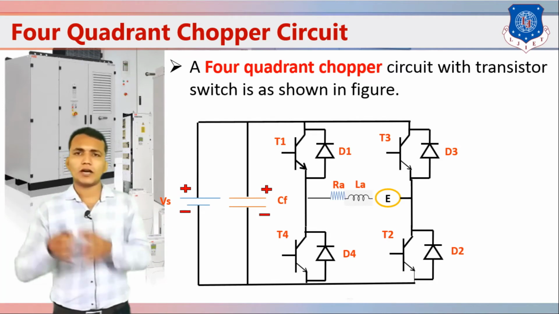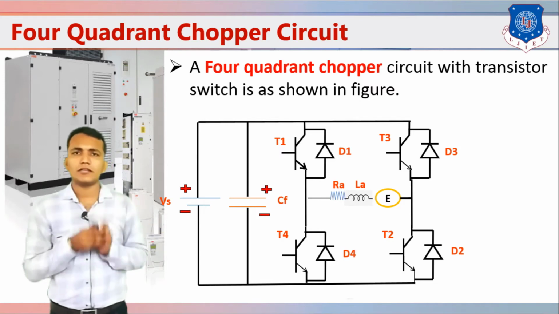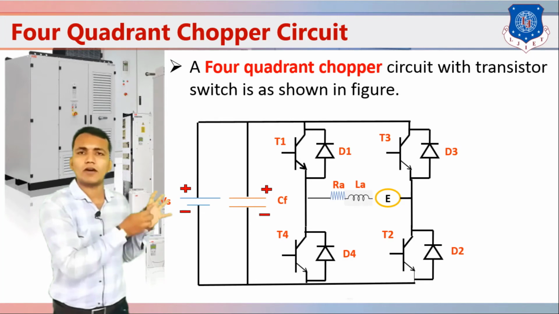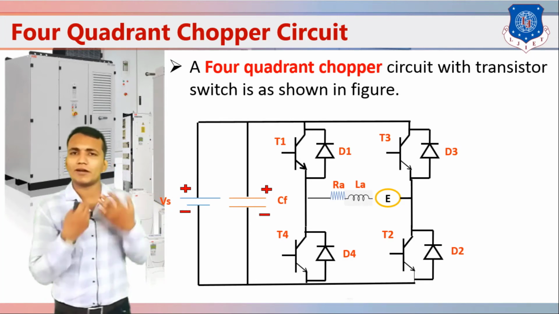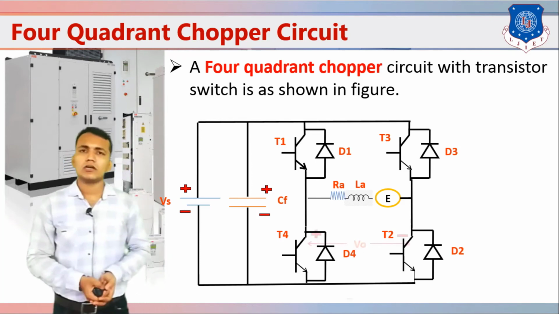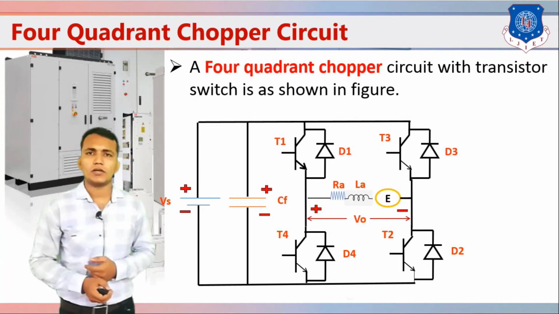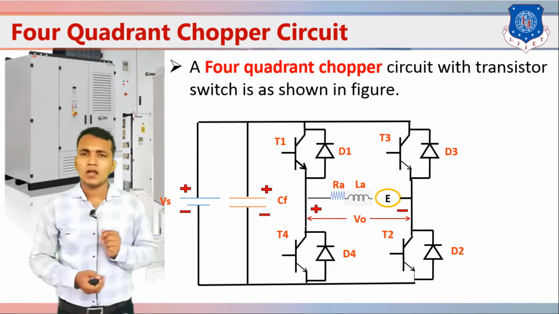We connect this circuit across the motor armature. So basically in this figure you can see a 4 transistor and 4 diode circuit is connected across this load. Load means our DC motor. That is the figure, and that is the output voltage V0, plus or minus. So that is a 4-quadrant chopper circuit.